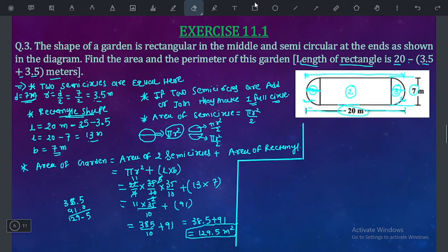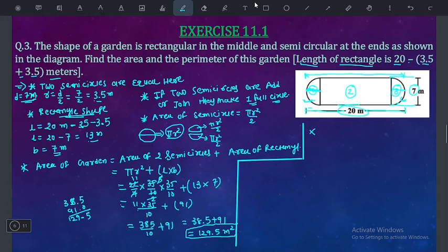So the perimeter of the garden equals the perimeter of the circle.